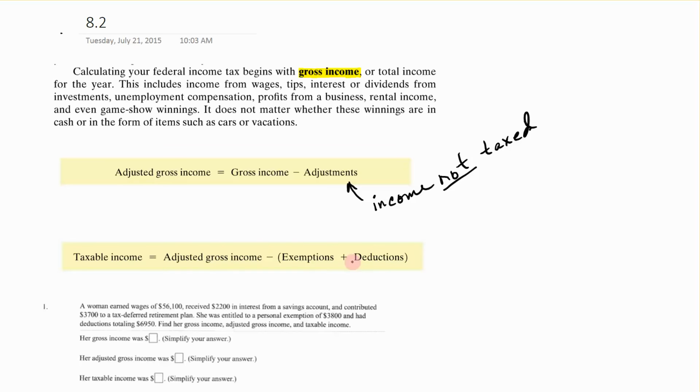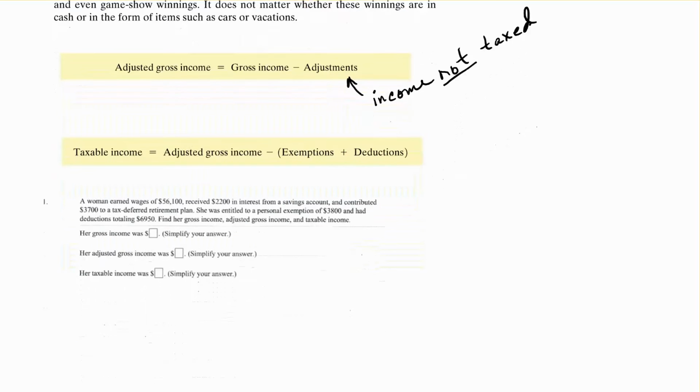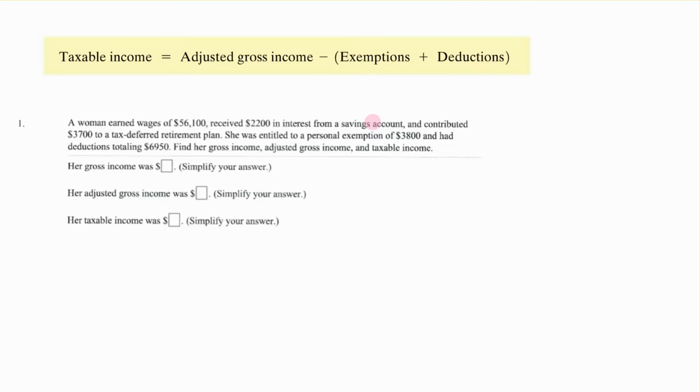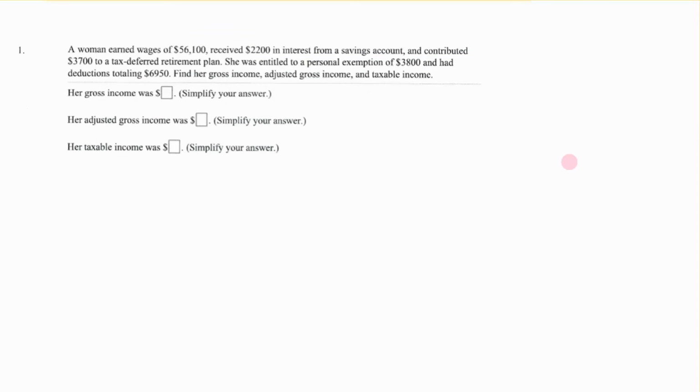All right, let's just look at our first one. We'll take this one step at a time, make this a little bit bigger. A woman earned wages of $56,100 and $2,200 in interest from a savings account and contributed $3,700 to a tax-deferred retirement plan.